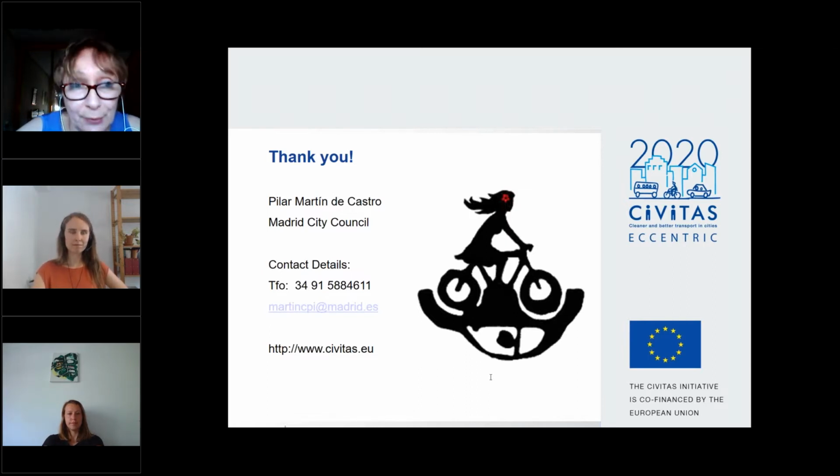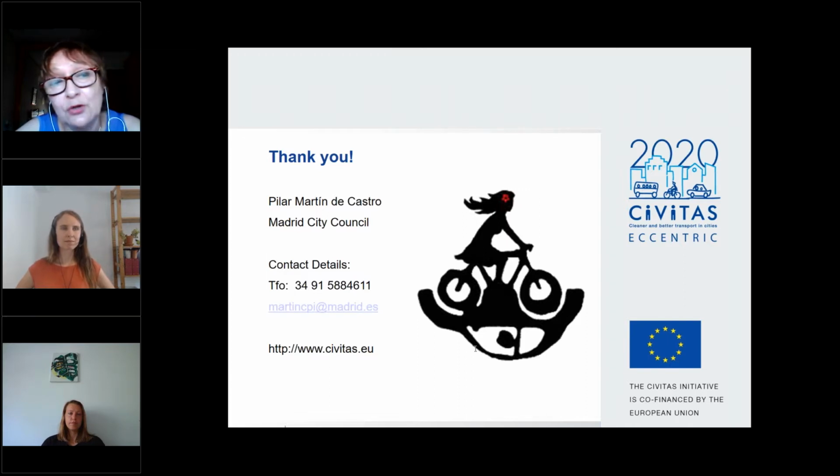Working with the grandparents, who are very Vallecanos, people from the real Madrid, and with the sons and daughters of immigrants is very good for them, because they learn more about the city, the past, and the history of the neighborhood. We made a workshop about the history of Vallecas with children of immigrants and elders. It was very interesting, not only about mobility, but about social quality of life.